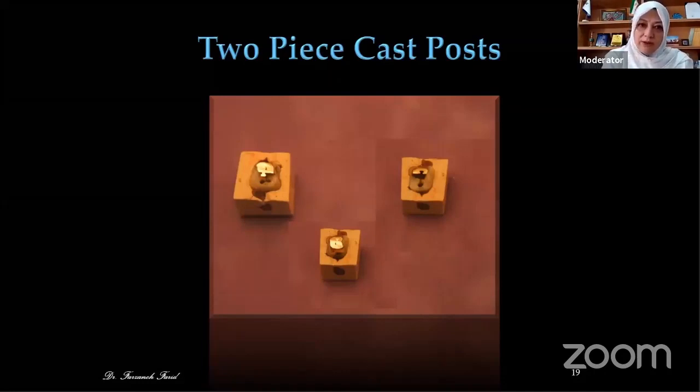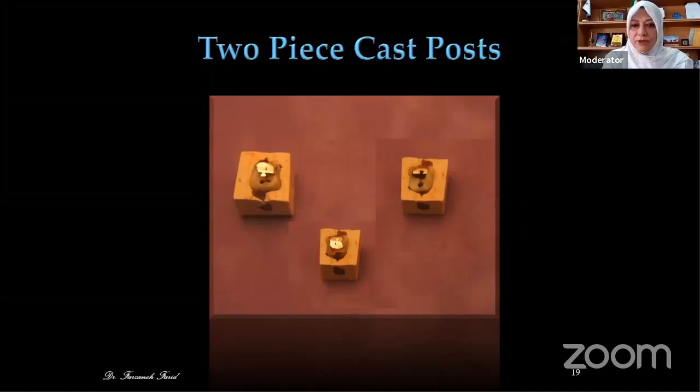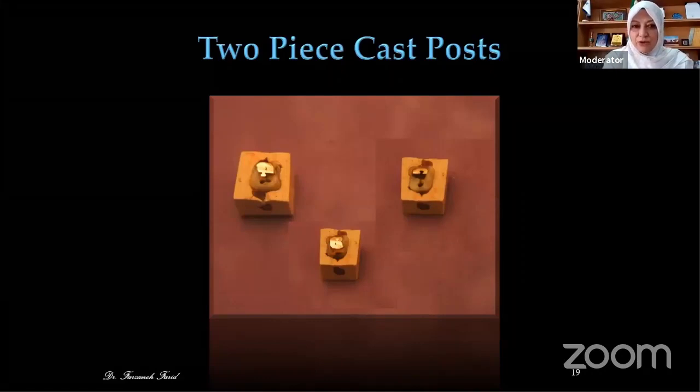What about the molars? Sometimes when the remaining tooth structure is very short, you have to use 2 canals even for molars. In these cases, you can make 2-piece cast posts.